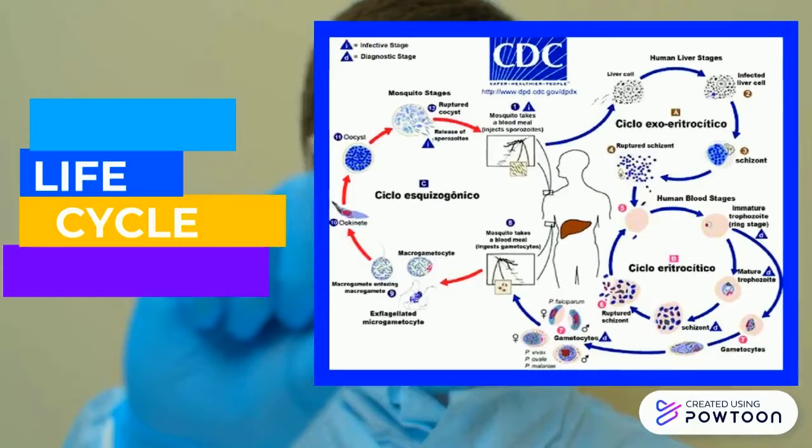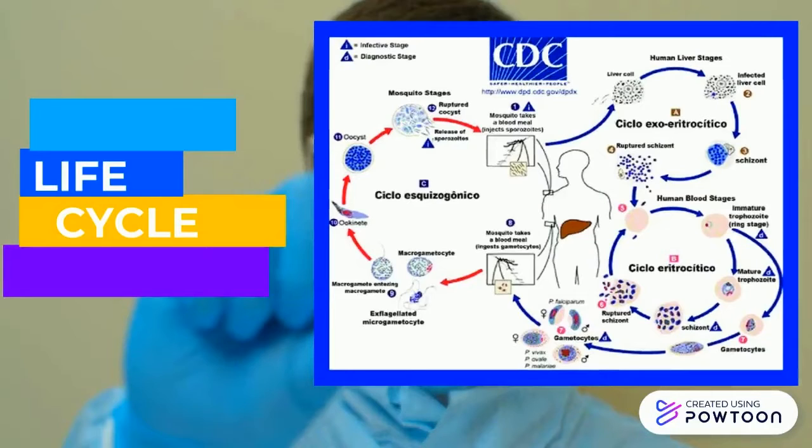Some parasites differentiate into the sexual erythrocytic stage, which is gametocytes. Blood stage parasites are responsible for the clinical manifestations of the disease. The gametocytes, male microgametocytes and female macrogametocytes, are ingested by an Anopheles mosquito during a blood meal.